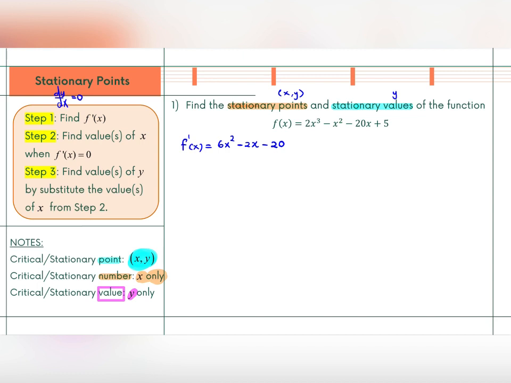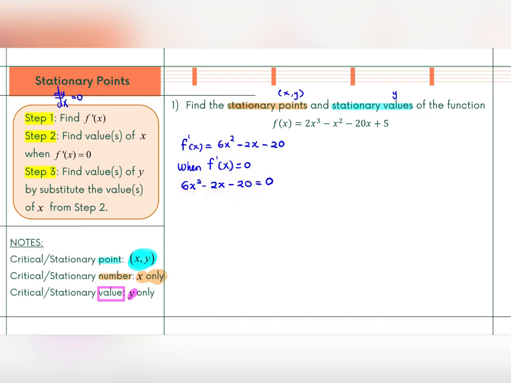Okay, now when our f prime x is equals to 0, so 6x squared minus 2x minus 20 is equals to 0. Sebelum tekan calculator untuk dapatkan value of x, make sure you simplify this function first. So, dekat equation ini, kita ada 6, 2, 20.